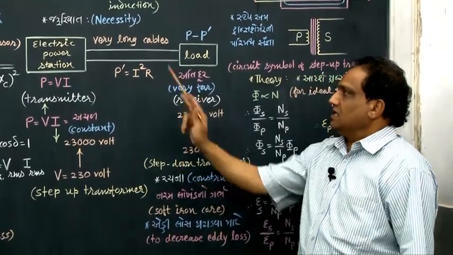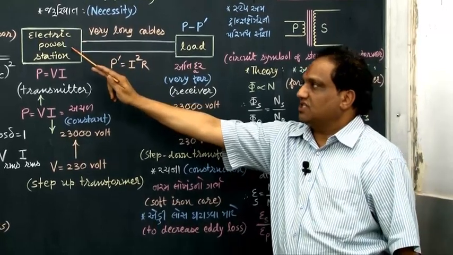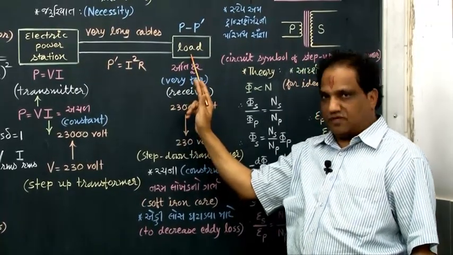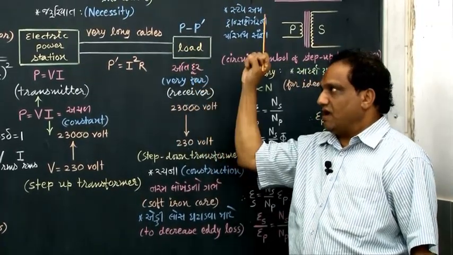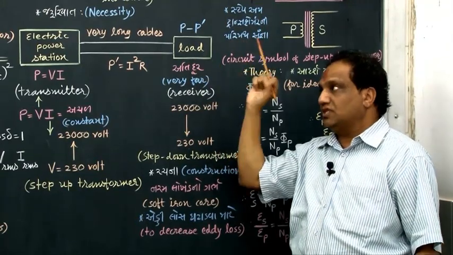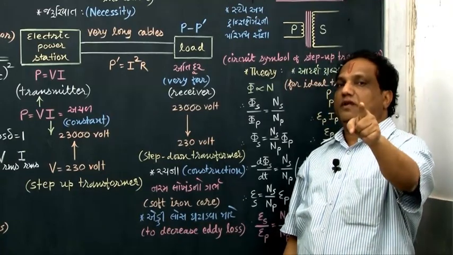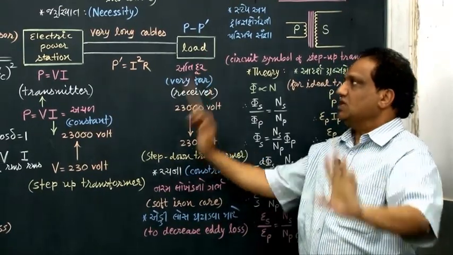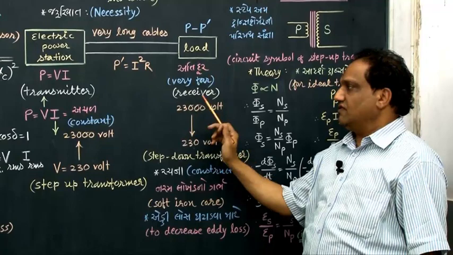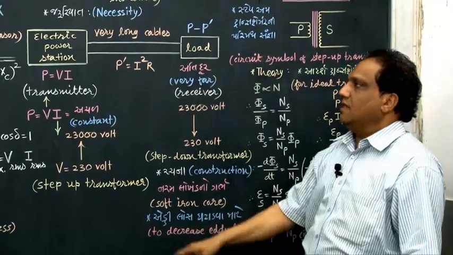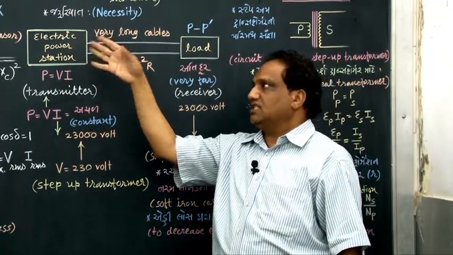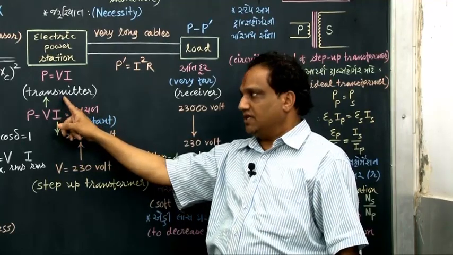Now tell me, suppose very far from this station we have a consumer. The consumer consumes that power. He would certainly use that power for running some appliance, and whatever is the resistance of that appliance, it is called load. This load is called receiver because it receives the power. This power station, because it transmits the power, is called transmitter.